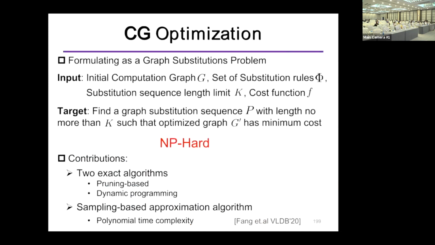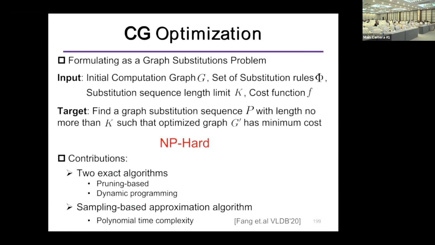To thoroughly optimize this problem, researchers formally define it as a cost minimization problem, taking as input an initial computation graph G, a set of substitution rules, the substitution length limit K, and a cost function.